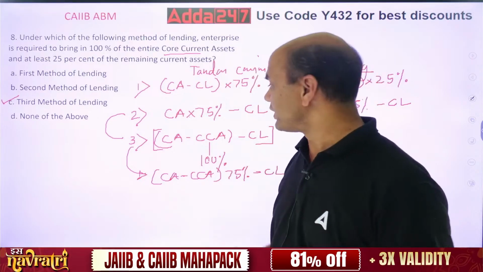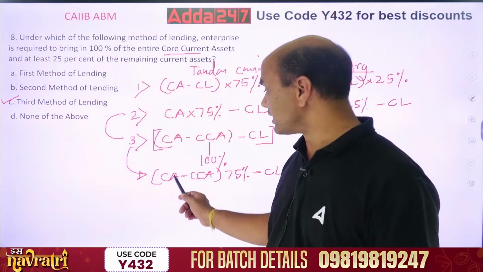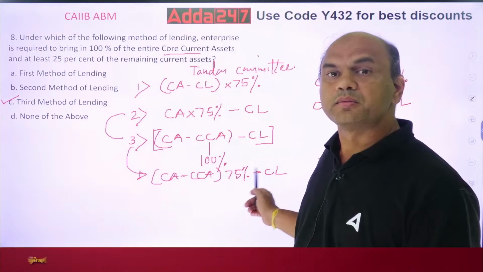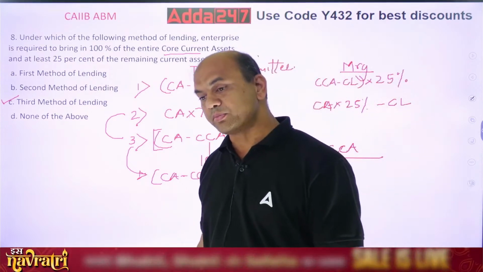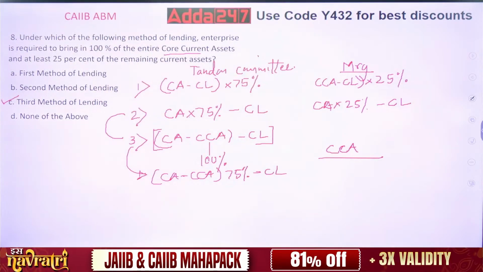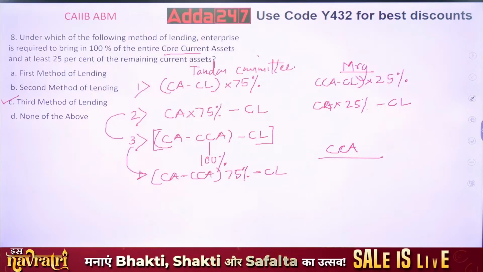So that's why we remove this. So understand the third method: current assets minus core current assets into 75% minus current liabilities. Okay? This is an important method for Tandon committee because generally students know method number 1 and 2, but method number 3 many of them don't know. Okay?